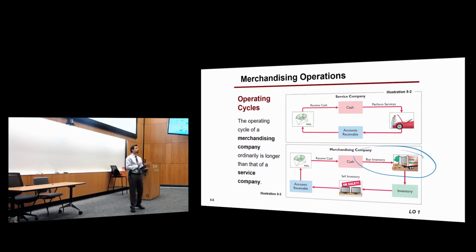When it comes to merchandising companies, you have to buy the inventory, pay for that inventory, then sell the inventory. After you sell the inventory, you send out the invoice, and you receive cash. So it's longer. And these extra steps are directly related to selling products.